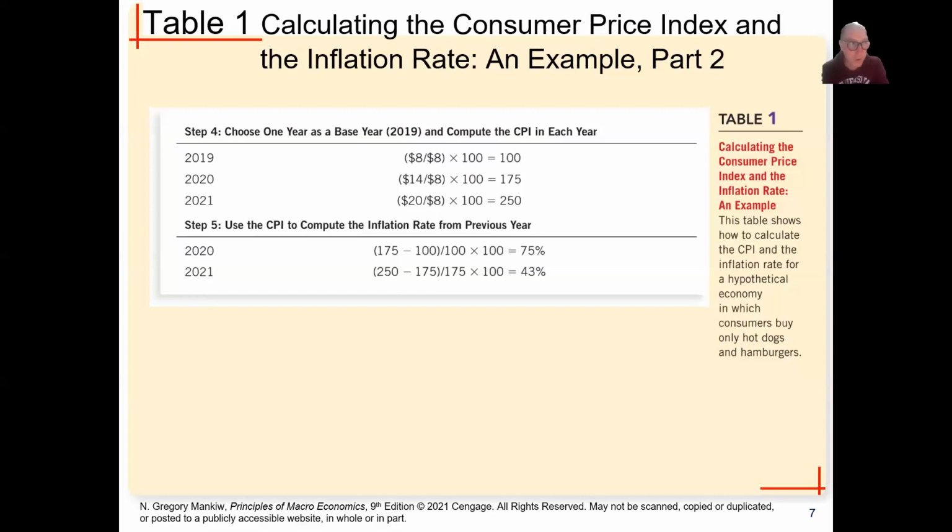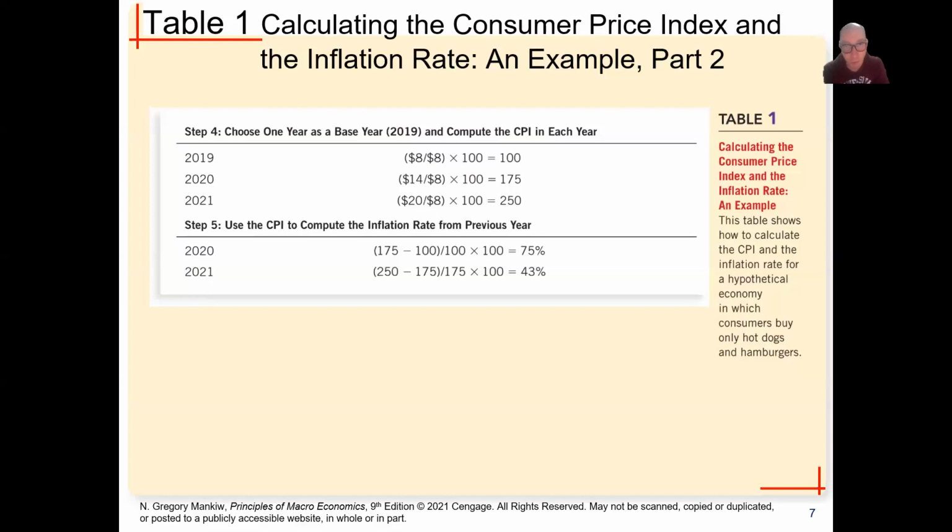And then, of course, the last step in the process is to calculate the inflation rate based off the previous year. And so for 2020, we would take the 2020 Consumer Price Index minus the prior year, which is 100, and we divide that by the prior year, which is 100, and then we multiply by 100 to get 75%.